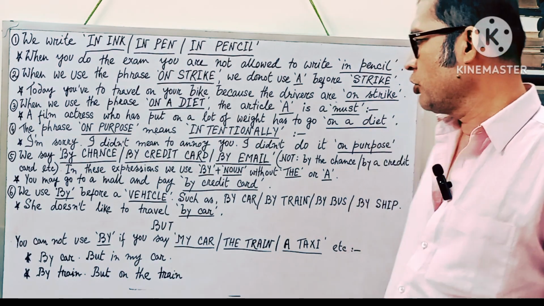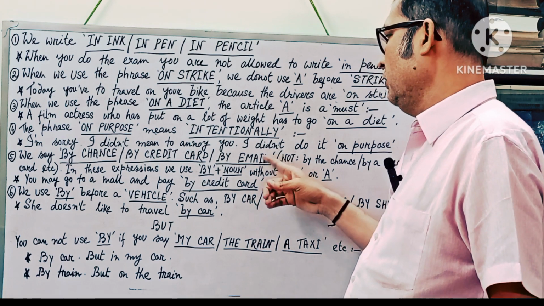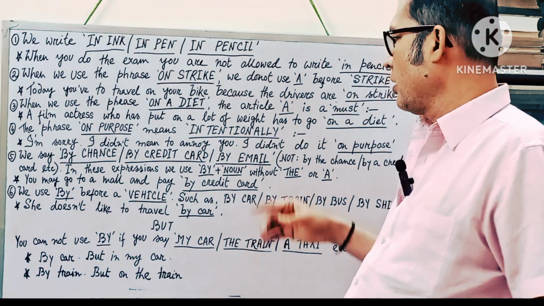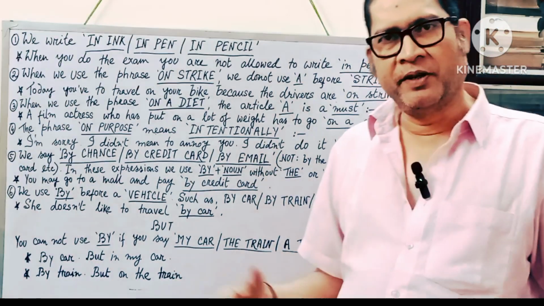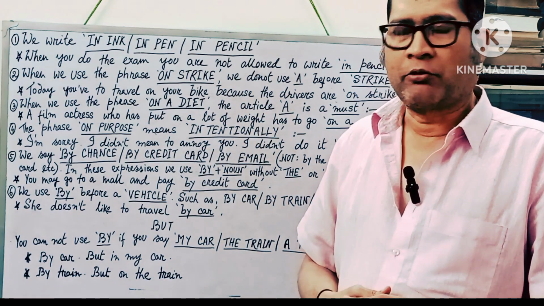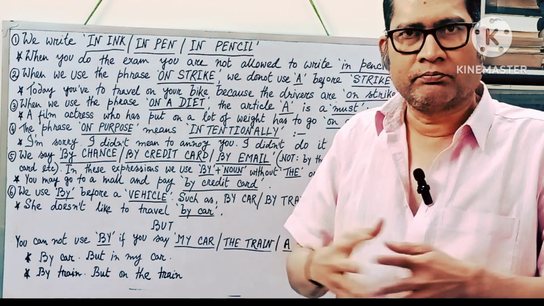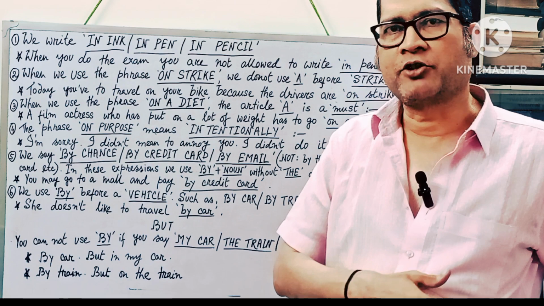In this context, I would like to bring to your notice the fact that email is a new coinage, a recent coinage. But the word mail, M-A-I-L, has been in existence ever since the inception of letter writing. So previously, letters used to be sent from one place to another.